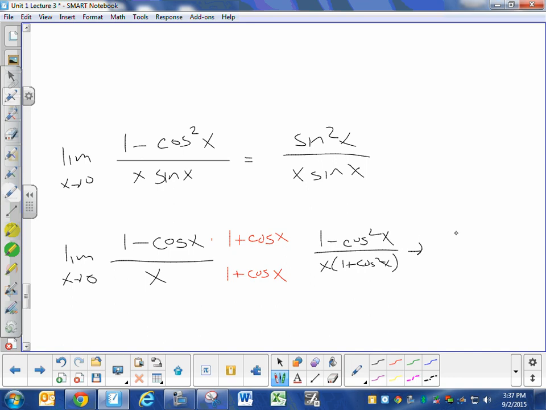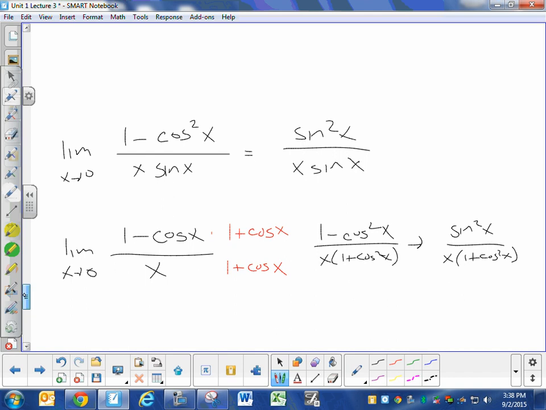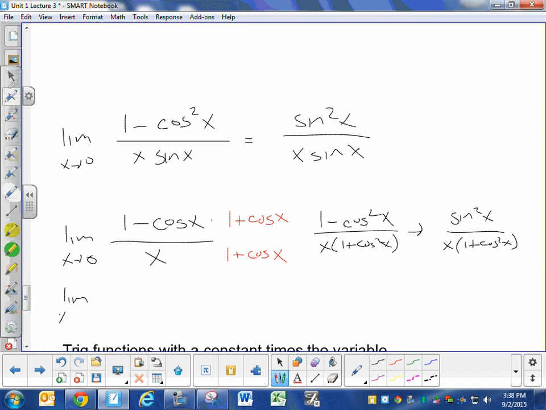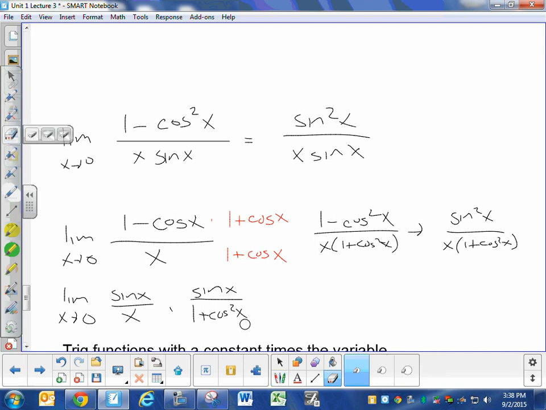This turns into sine squared. One of these sines will go with that x. You have sine x over x times the other sine would go over the 1 plus cos squared. That's not cos squared, that's just 1 plus cosine. Okay.